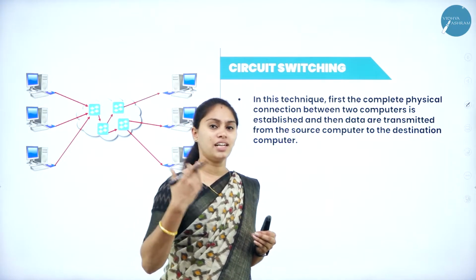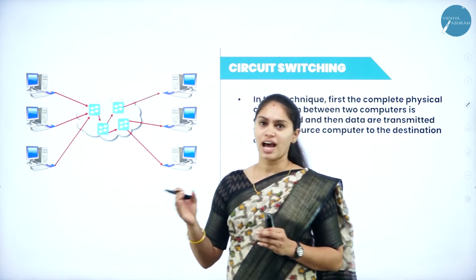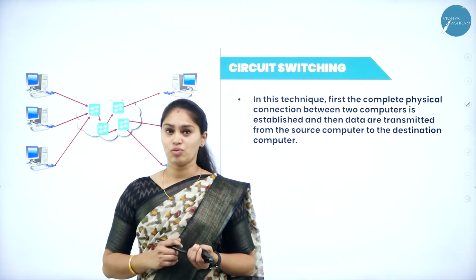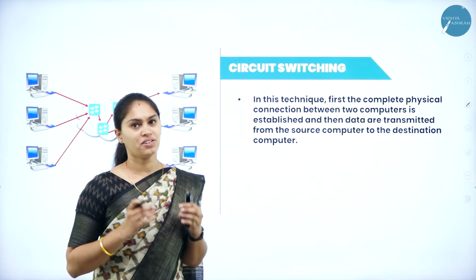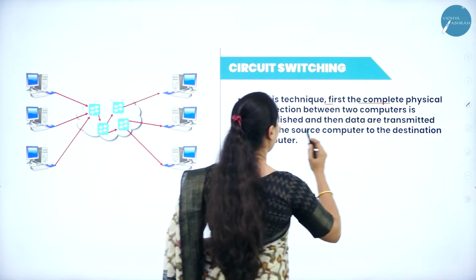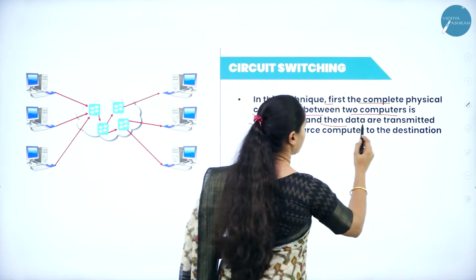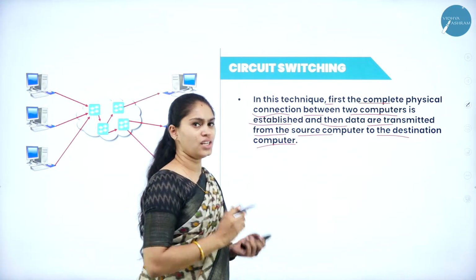That kind of switching will be expensive. Why? Because they give you a dedicated channel for transmitting data from one network to another, and also this is more reliable than other types of switching. In this technique, first the complete physical connection between the two computers is established, and the data is transmitted from the source computer to the destination computer.